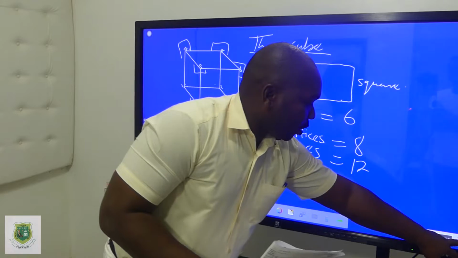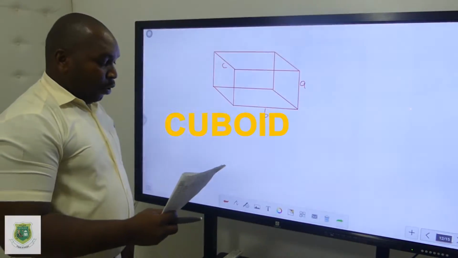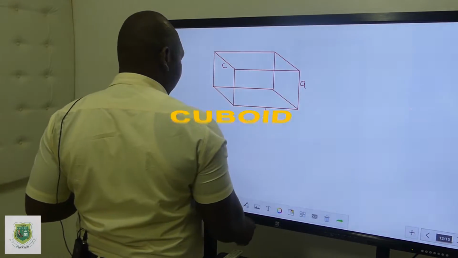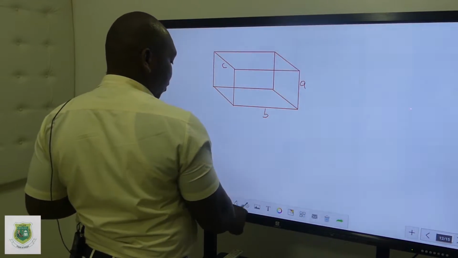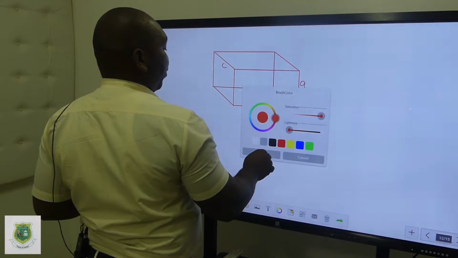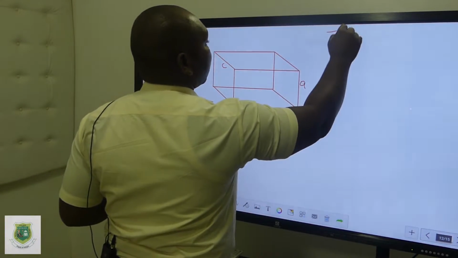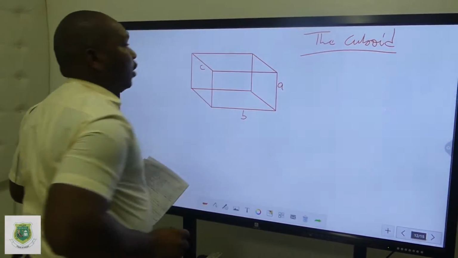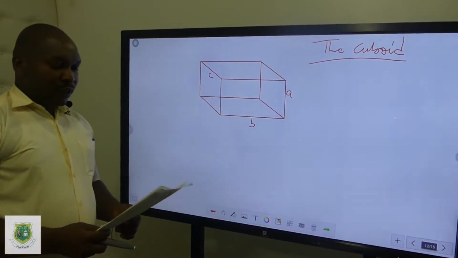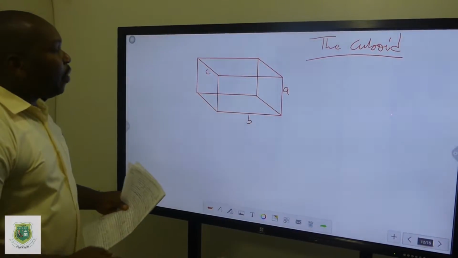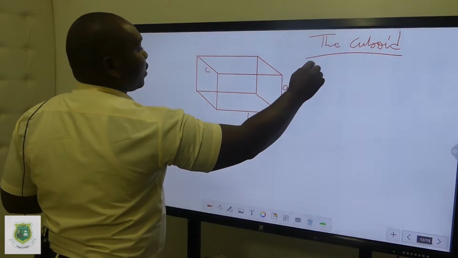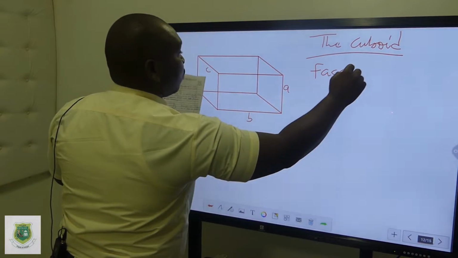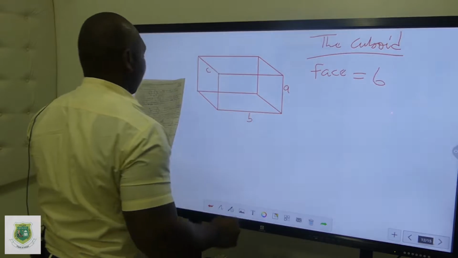Another one we are going to look at is the cuboid. This is a solid shape with how many faces? Number of faces is 6.